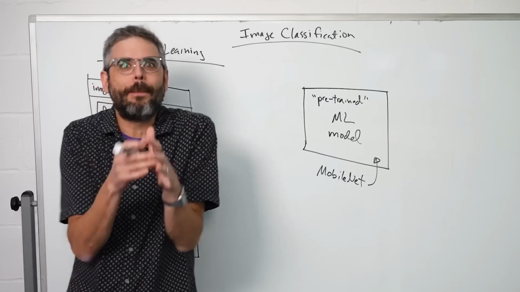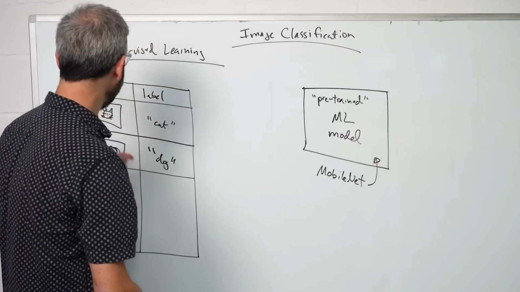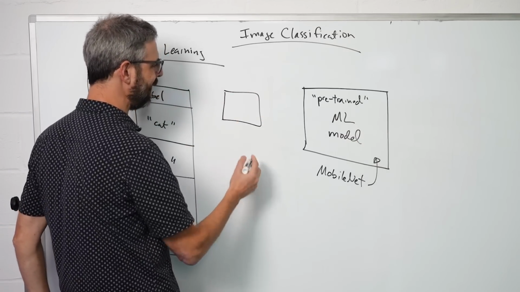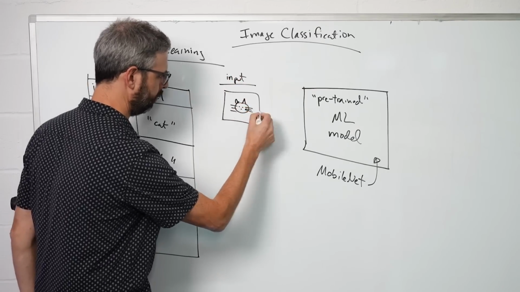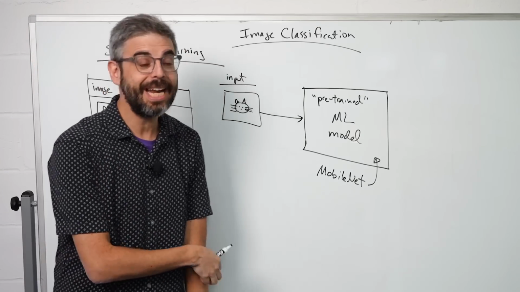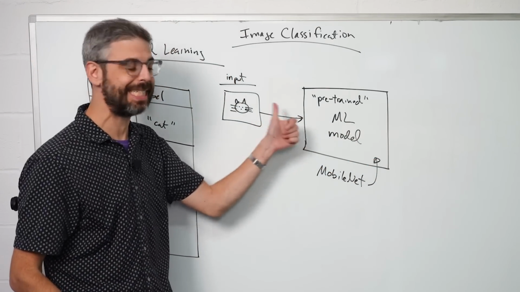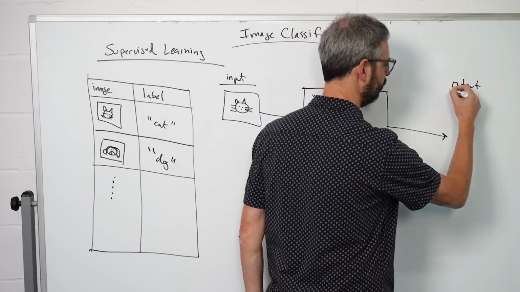So if we start with a blank model, probably some kind of neural network, and then each one of these images is sent in as the input to the model. The model is then going to make a guess as to what it thinks is in the image. That is the output.